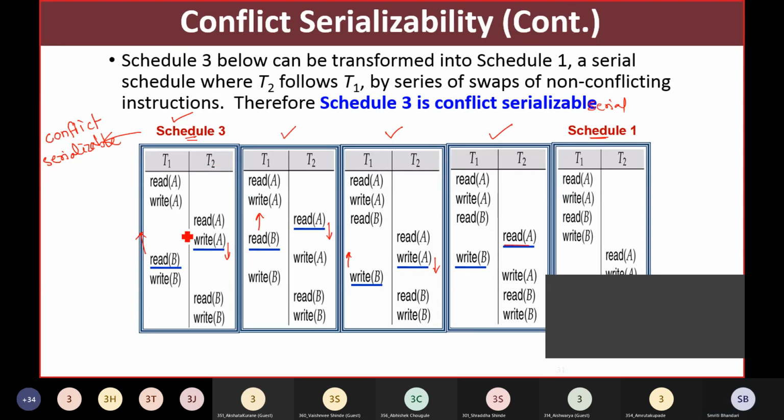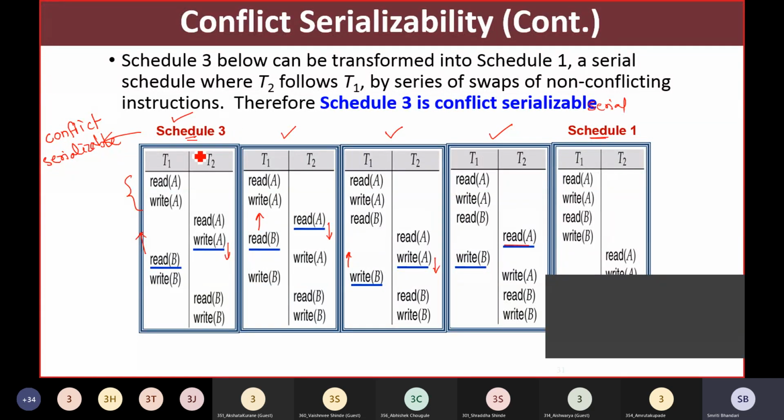Yes. So what we did, we had this schedule number 3, which has the interleaving of the instructions from two different transactions. Now, what we are trying to do is find out whether this schedule that is being produced by my scheduler is serializable.